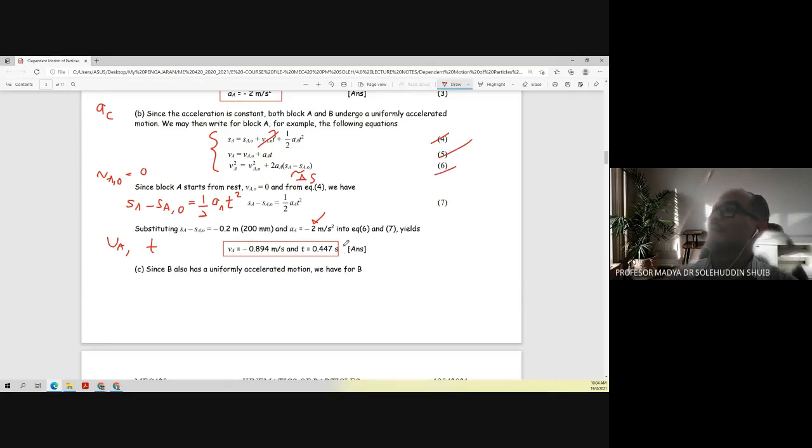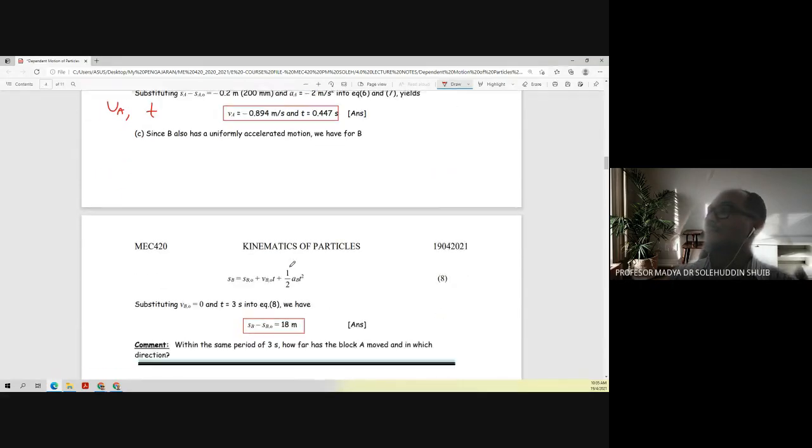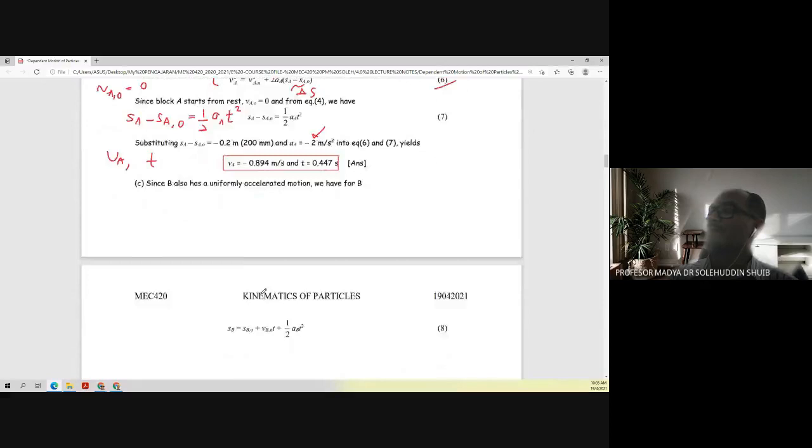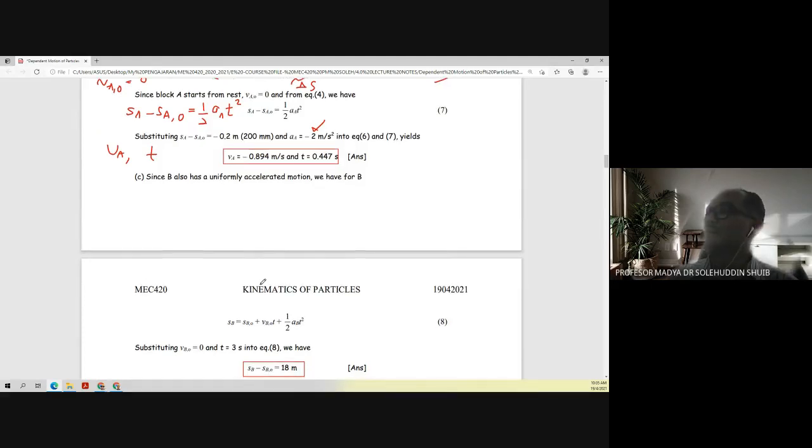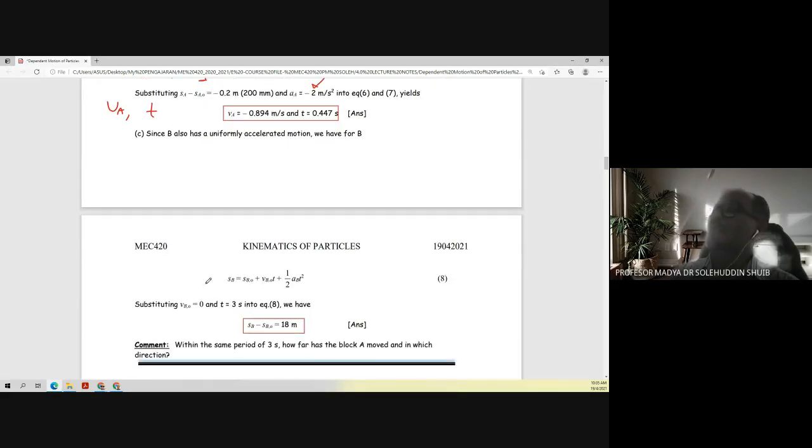Then we move to part C. Again for part C, same thing. We need to find delta s_B. We are going to use the same uniformly accelerated motion equation, so we substitute the value for the same period, which is 3 seconds.